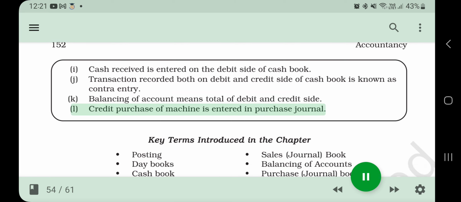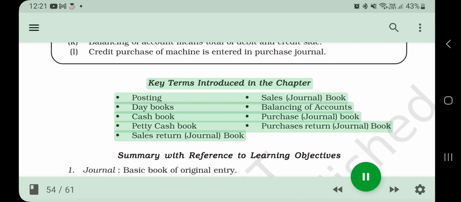L. Credit purchase of machine is entered in purchase journal. Key terms introduced in the chapter: posting, sales journal book, day books, balancing of accounts, cash book, purchase journal book, petty cash book, purchases return journal book, sales return journal book.